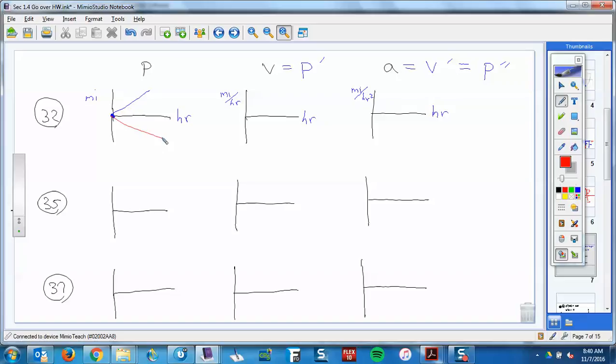Now, why does it have to be a line? Because it's constant velocity. If it was curving, then your velocity would be changing, right? Because the velocity is what on this graph? What is the velocity on this graph? The slope, right?